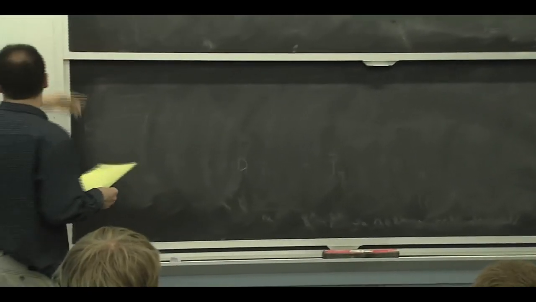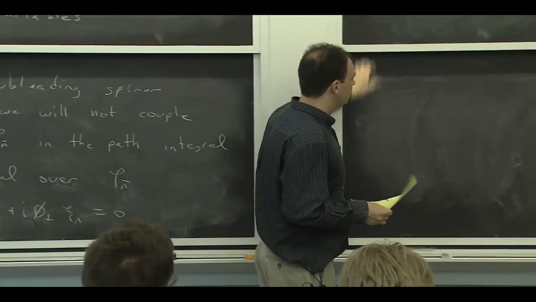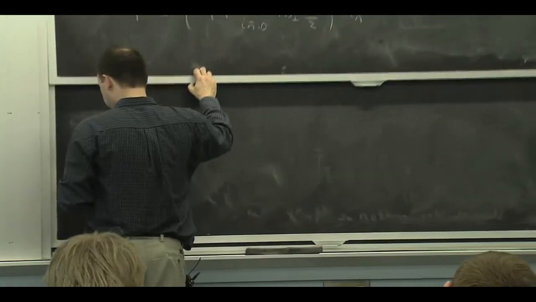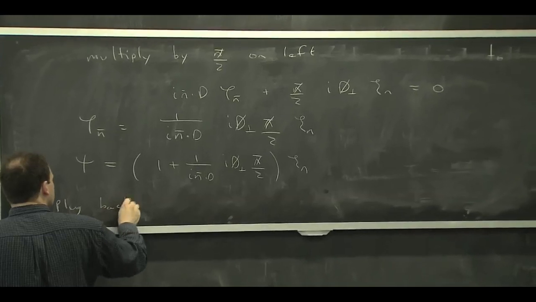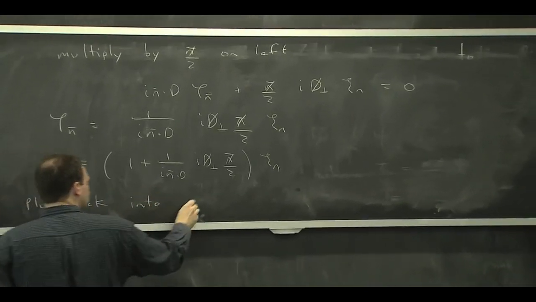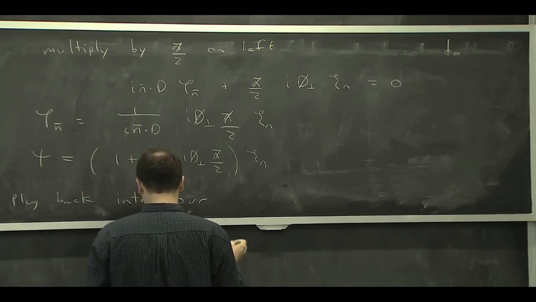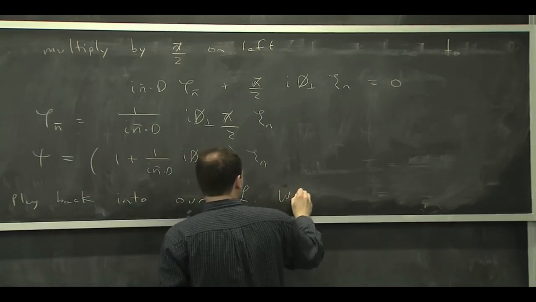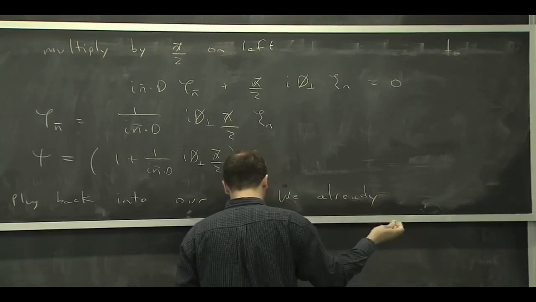So if we take that result and we plug it back into our Lagrangian, which I meant to give a star, then we'll just have the equation in terms of this Cn. We already used two terms. And so those two terms, when we plug it back in, they just cancel.